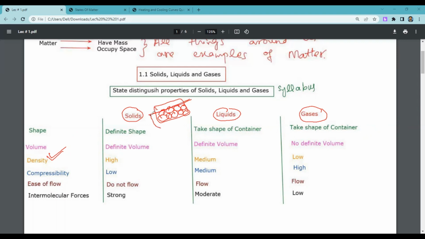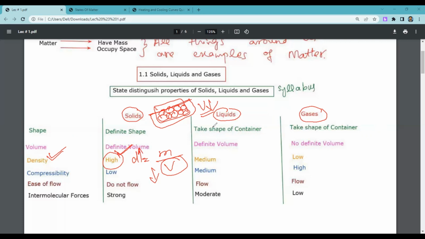If they occupy less space, it means that they have less volume. If they have less volume, their density will be high, because density is equal to mass over volume. The amount of solid is the same, while their volume is very low. Due to this reason, they have very high density.